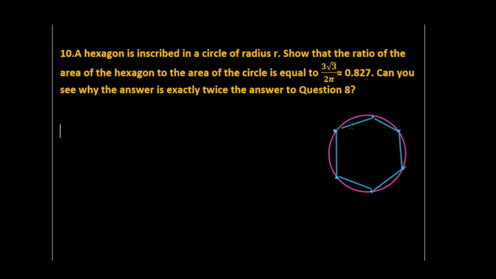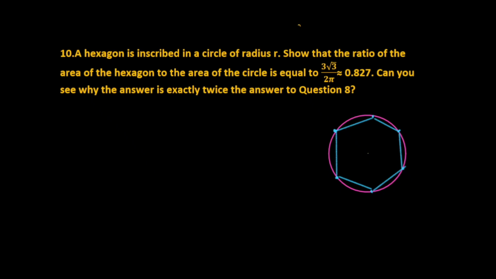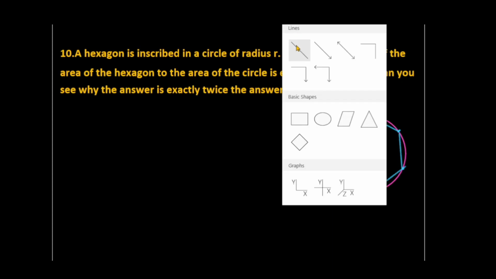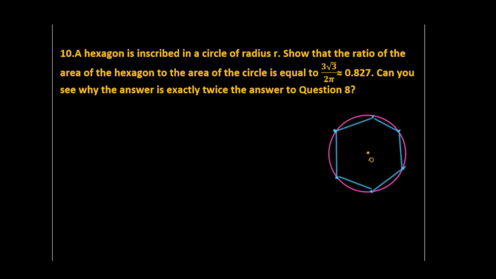Now we need to find what is the relation between the side and the radius. Here we got the center. See, this is the center O. We can draw 6 diagonals here. If we are joining, these two are one diagonal.